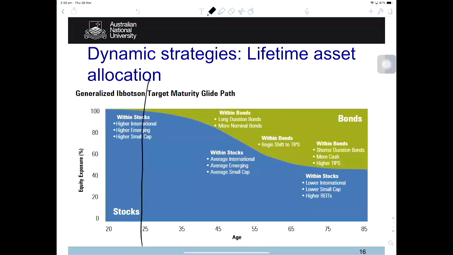When you're 25 years old, you join the fund and your asset allocation will be very much 99% growth assets, and 1 to 2% of your asset allocation will be in defensive assets like government bonds. It accommodates the changes of investors' risk aversion when they get older. So when you get older, the asset allocation within your funds will follow a smooth gliding path from growth assets to defensive assets.